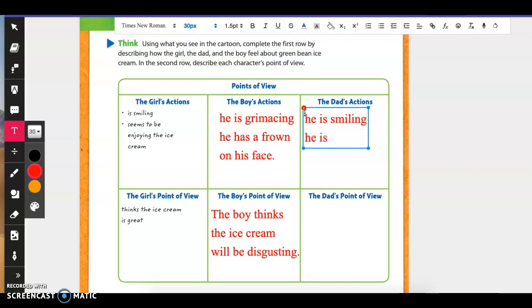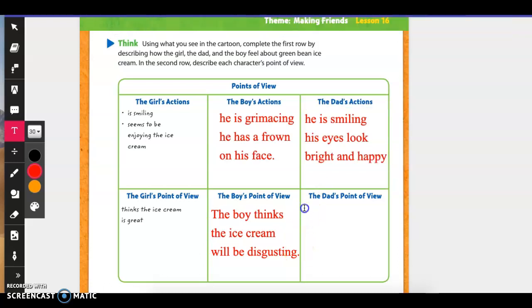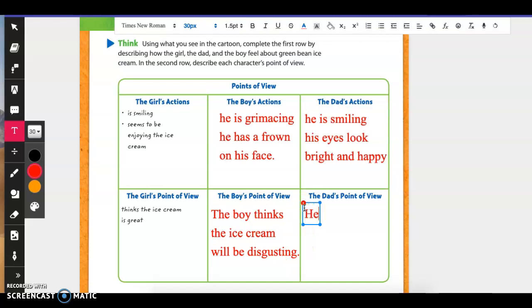He is happy. I can say his eyes are happy. His eyes look bright and happy. So that shows me that Dad's point of view is that he is proud. The dad is proud.